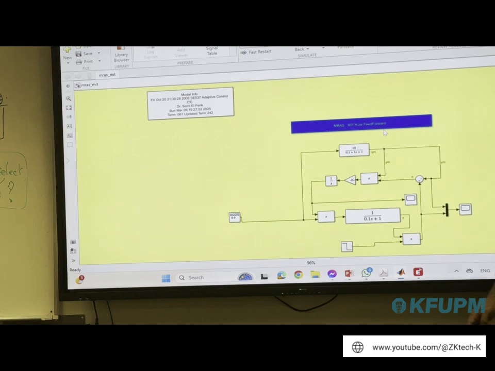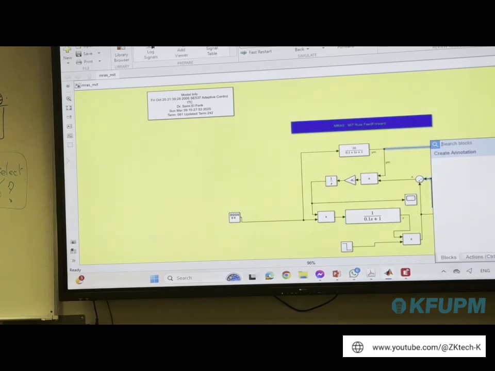Yes. Alright. Now, the error is telling me the way to compute this value of theta. I need first of all to compute the error between y and ym. So this is y coming from the system. This is the value of y. We come back to theta. And this value of y goes here. We take minus ym.